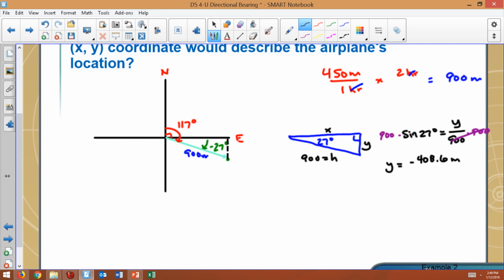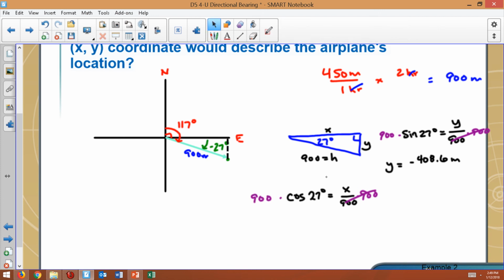To find my x, I would go through basically the same process. I would say that cosine of 27 degrees, again, that angle's on the x-axis, so it should work, and I have an x and y, is x over 900. My one step again is to multiply by 900. Those cancel.